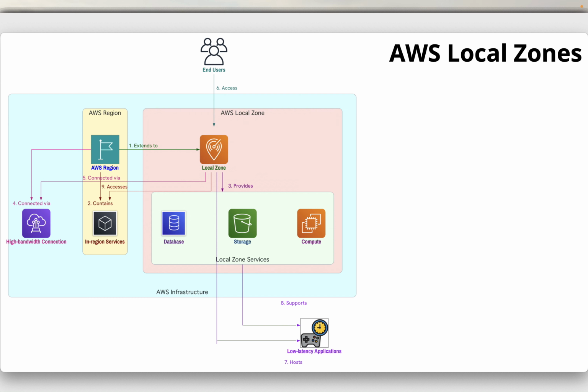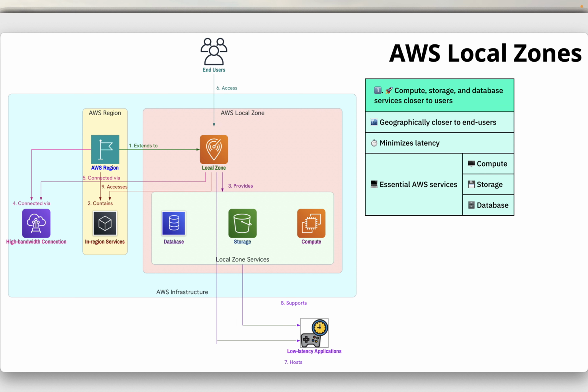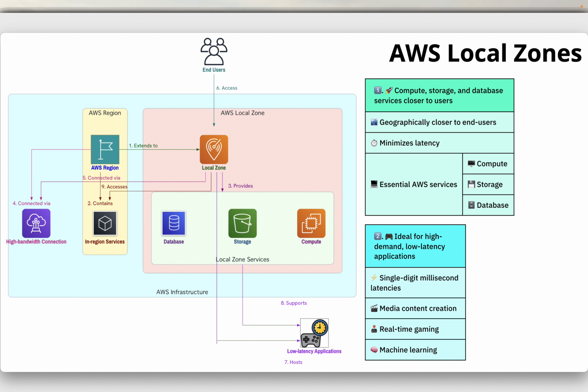So next I will be discussing local zones. So what is a local zone? AWS local zones bring essential AWS services geographically closer to end users to minimize latency. They are perfect for running applications requiring single-digit millisecond latencies such as media content creation, real-time gaming and machine learning.